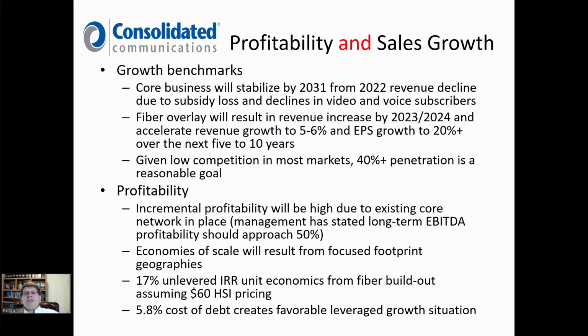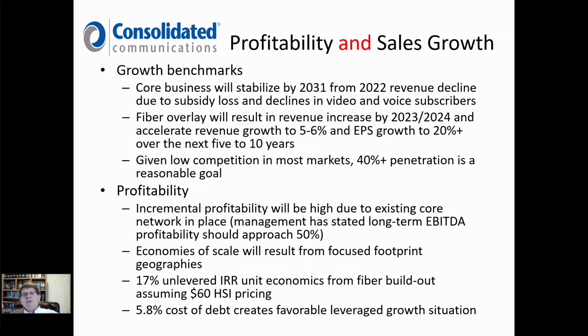So if we go into some of the benchmarks that we have here, part of the problem with a lot of these businesses is that the core business is declining. If you model this out, I sat down with management and said, okay, let's go through each one of these lines. The core business is going to stabilize by 2031.